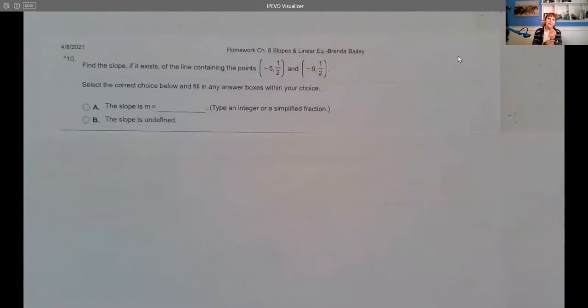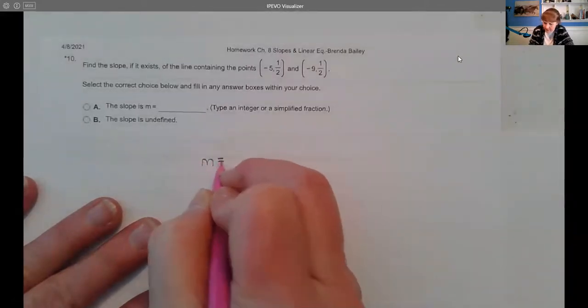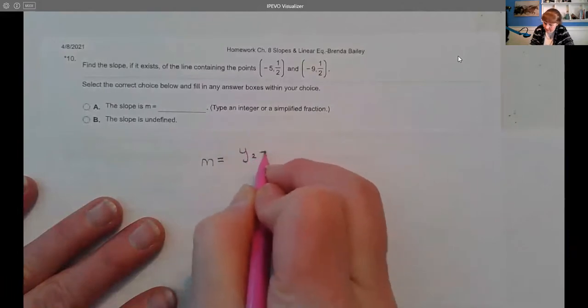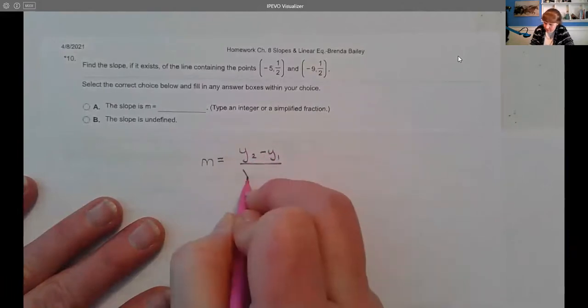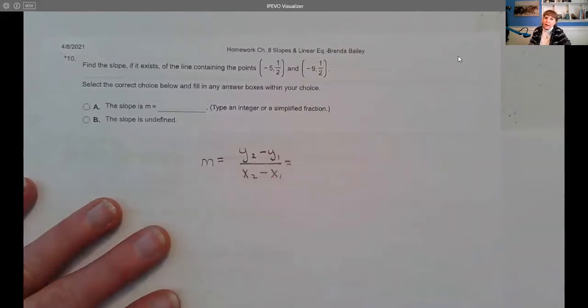All right, so we're going to find the slope of this line given 2 points. The slope of the line is the difference in the y's over the difference in the x's. Our y's are always the second numbers in the ordered pair.